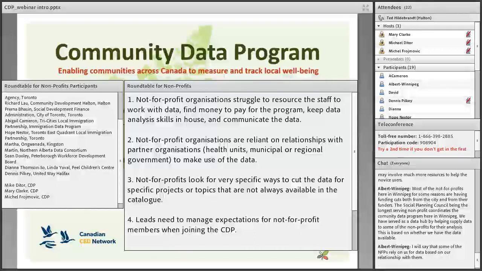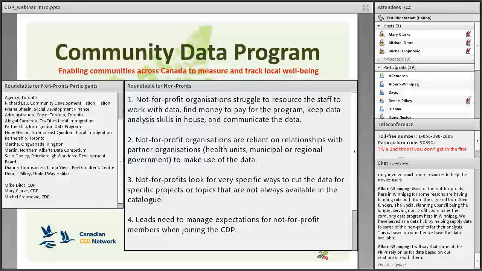I met with somebody who's actually a fairly savvy data user, but not very familiar with the community data program itself, and so I took her through the website and showed her what was available, and she was just like, wow, this is amazing. But even that was something that just hadn't been on her radar screen.